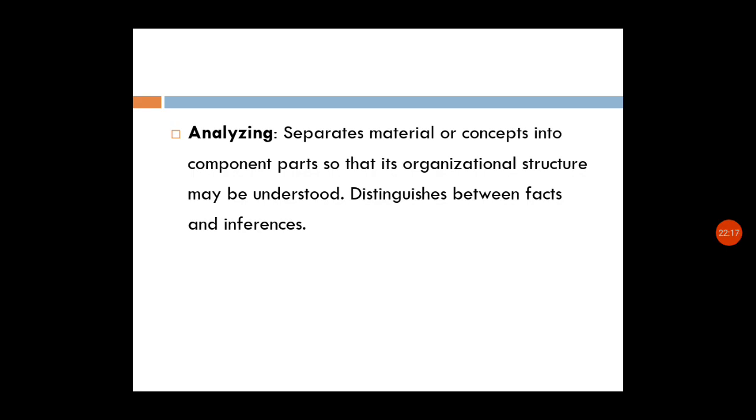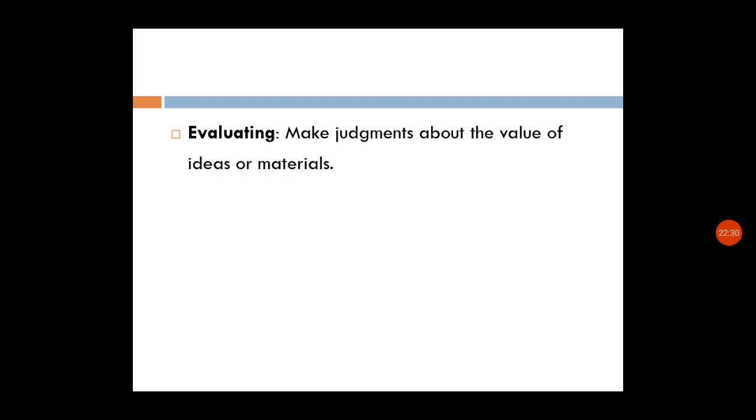When we get a patient, we analyze what is there, what the change is, and what information I have, and we compare and make inferences with the real patient. Next is evaluating: making judgments about the value of ideas or materials.